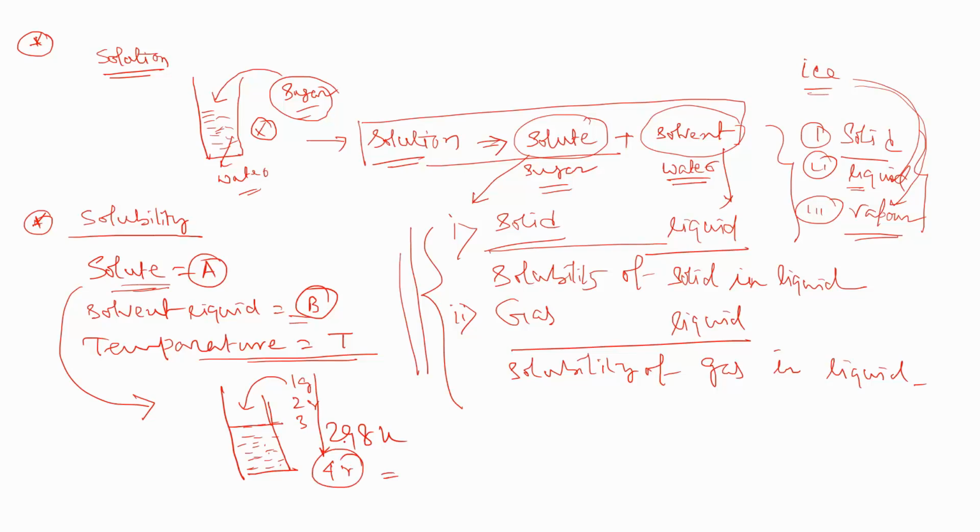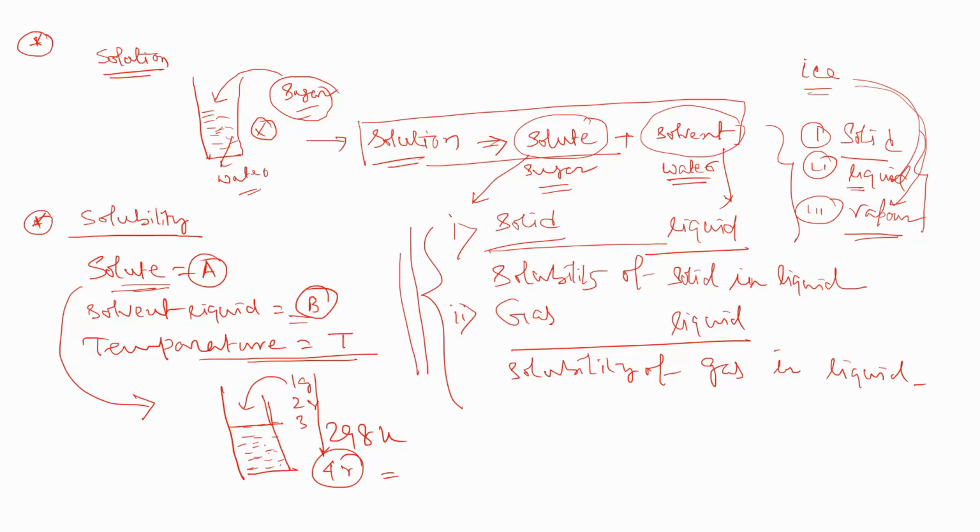Some amount of the sugar is not soluble in this water. That means the maximum amount of sugar is 3 point something, not 4. So solubility means the maximum amount of solid that is soluble in a solvent at a particular specified temperature. The temperature will always be specified.